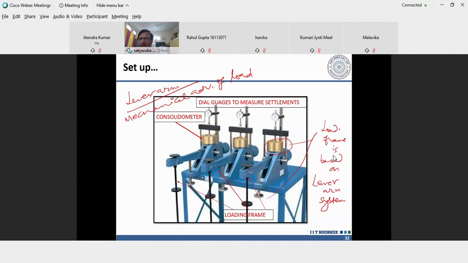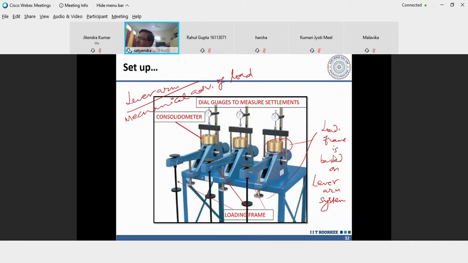The advantage is that if I apply, let us say, 1 kg load, then as per the design of the lever arm system, it can transfer maybe 5 times the load, 5 kg, or 8 kg, depending upon the design of the lever arm system.